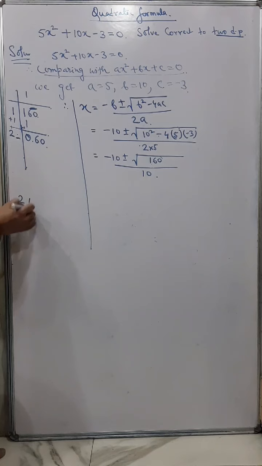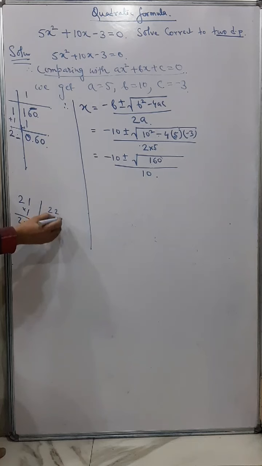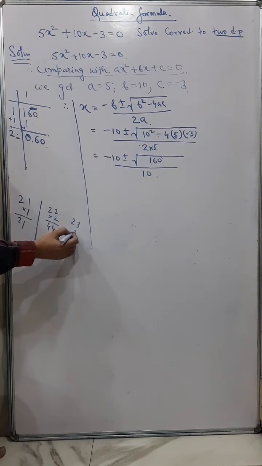Suppose if I put 1 here, then I have to multiply with 1. So I get 21 into 1, I get 21. So I am not getting nearest to 60. Now if I put 2, then I have to multiply with 2. So I get 44. And you can understand, if I put 3, then I have to multiply with 3. So I get 69.